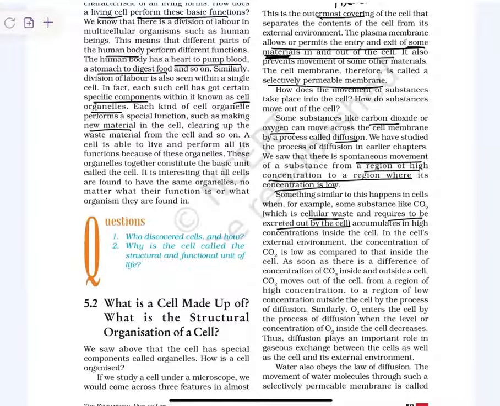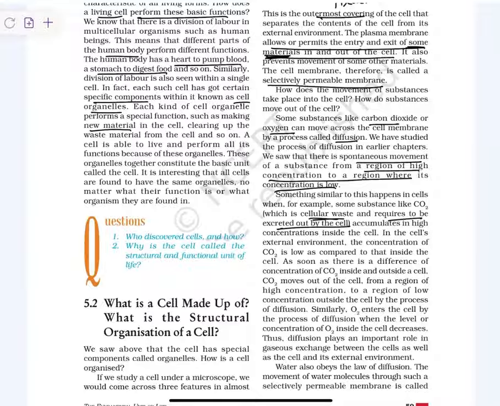So the movement of water molecules through a selectively permeable membrane from high concentration to low concentration is osmosis. The movement of water across the plasma membrane is also affected by the amount of substance dissolved. Movement of water is also affected by the presence of solute in it.